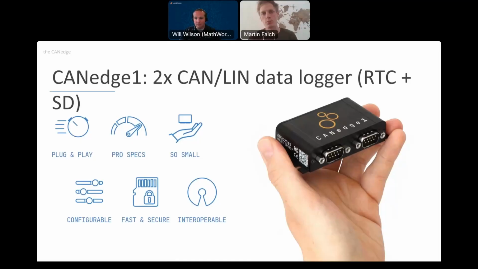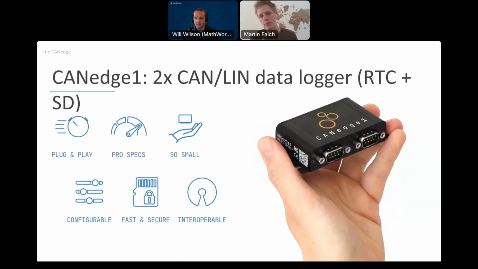But at the same time, this product is intended for OEMs and engineers, and therefore we focus on ensuring that the specifications of the product adhere to the requirements of these types of use cases. That includes lossless logging of thousands of frames per second, support for multiple CAN buses, multiple LIN buses, CAN FD, and high timestamp resolution.